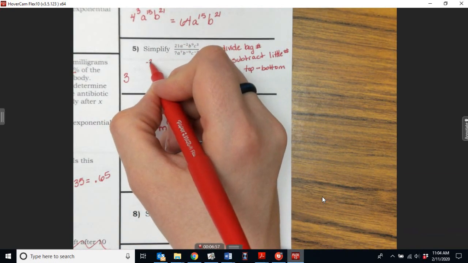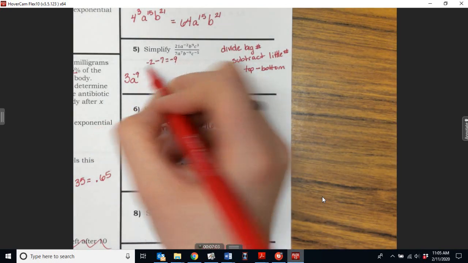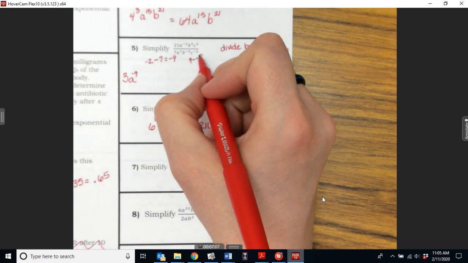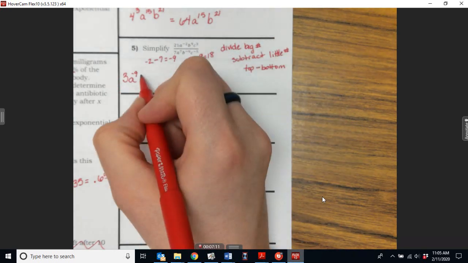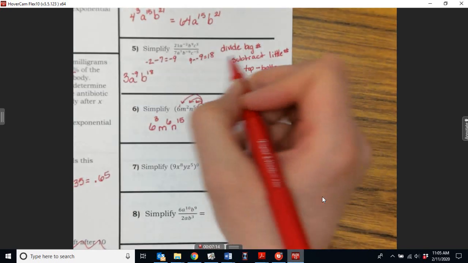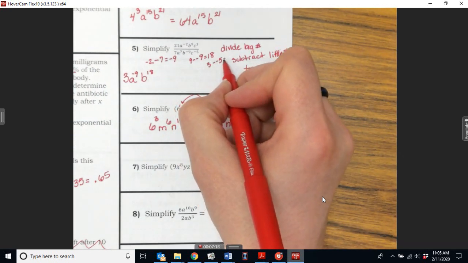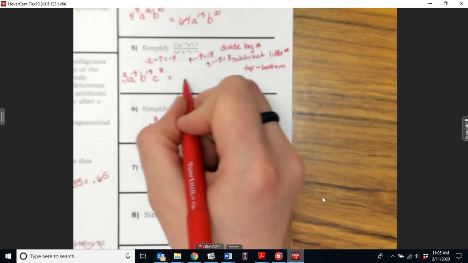I have negative 2 minus 7, which is negative 9. So a to the negative 9th. Then I have my b's, which are 9 minus negative 9, which becomes positive 18. So b to the 18th. And then I have my c's, which is 3 minus negative 5, and that equals 8. So c to the 8th power.